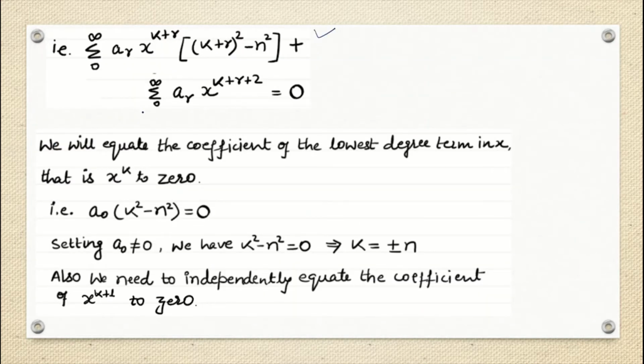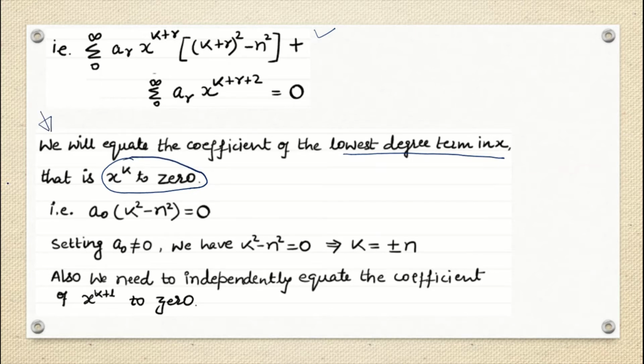So now what am I going to do here? For this term, we will equate the coefficient of the lowest degree term in x, that is x to the power k, to 0. And why am I doing this method?